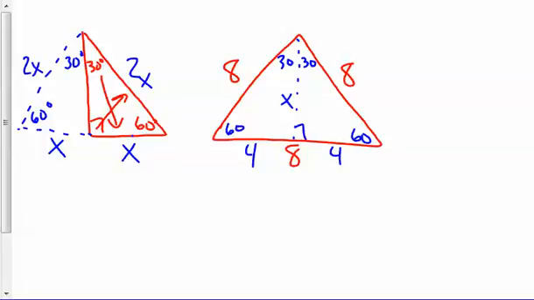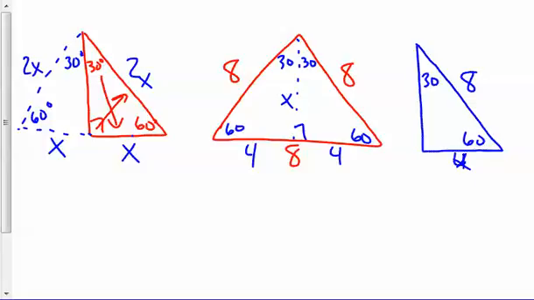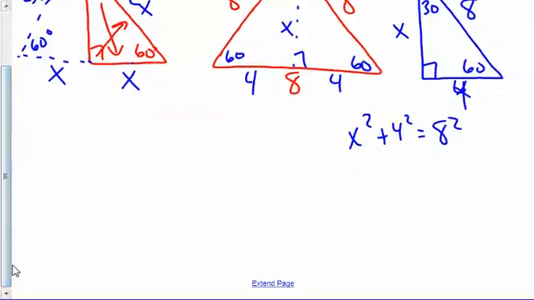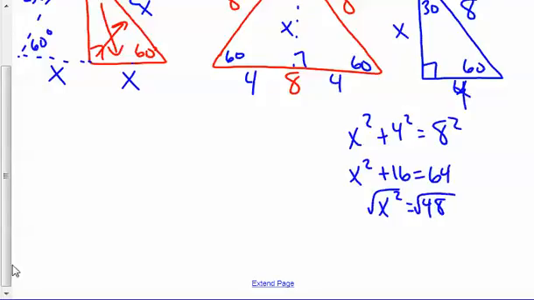Well, since it's a right triangle, you could do the Pythagorean theorem. x squared plus 4 squared equals 8 squared. x squared plus 16 equals 64. Subtract 16 on both sides, and you get 48. Square root of both of those, and you get x equals, this is 16 and 3, so we get 4 root 3.